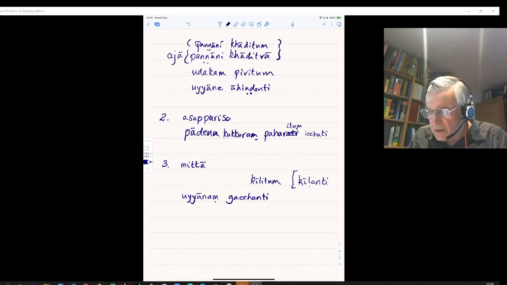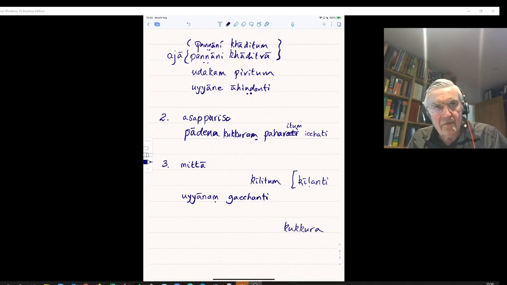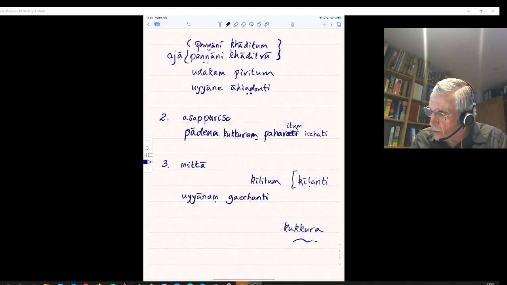To play with the dogs or their dogs. That's the instrumental singular. At the instrumental we have kukura, stem form. Kukura is a dog. So we're going to have the instrumental plural here. If it were instrumental singular, it would be kukurena. But instrumental plural is kukurehi.